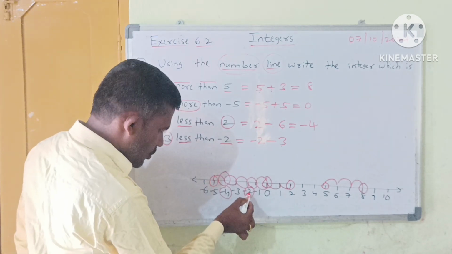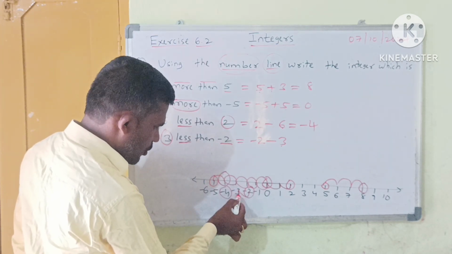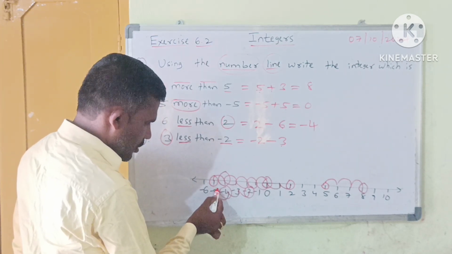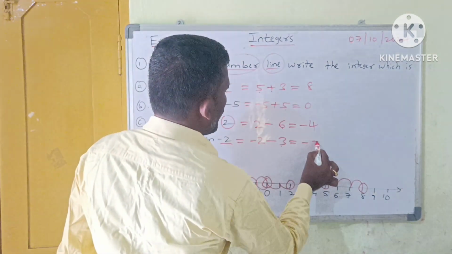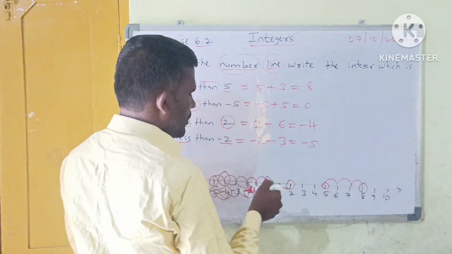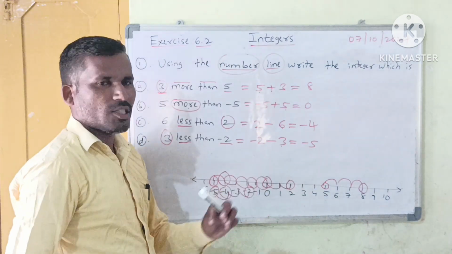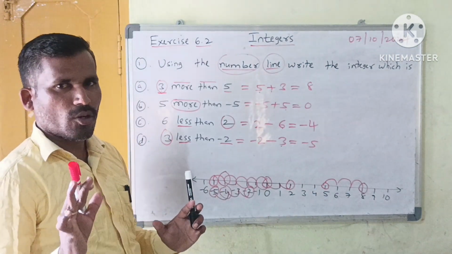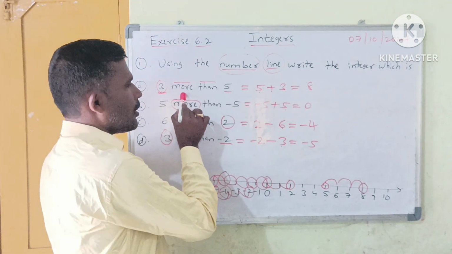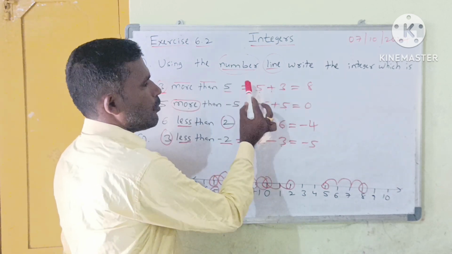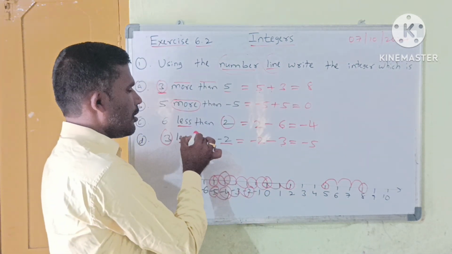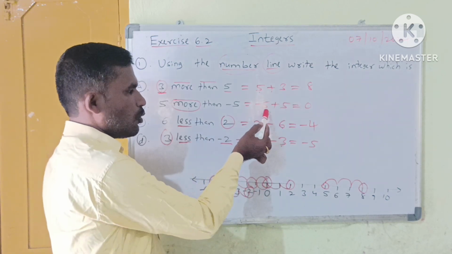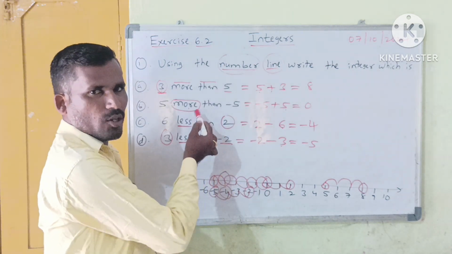So from the minus 2, 1, 2, 3. So where did we stop? Minus 5. Therefore minus 2 minus 3 is minus 5. So clearly you have to understand: more is from the number you have to move to the right side, less is from the given number you have to move to the left side. Okay.